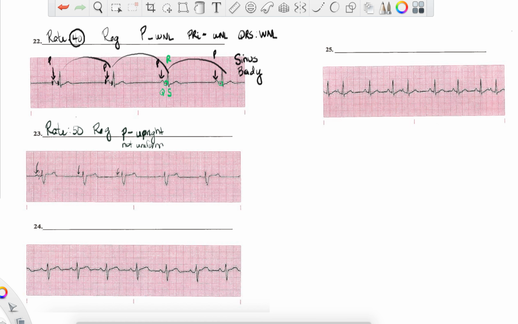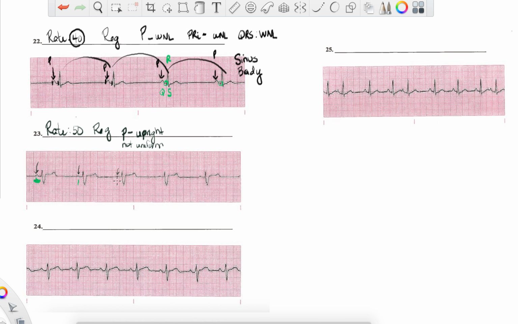This one is a nice round upright P wave right here. All right, let me use a different color ink so you know which one I'm talking about. This one is nice and round and upright. This one, you can barely make it out. And if you really wanted to be paying attention to detail, you could see that the PR interval looks a tiny bit different also. But definitely the appearance of the P is different from this one.